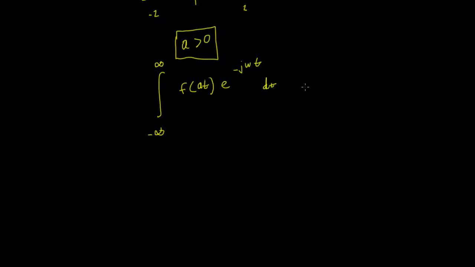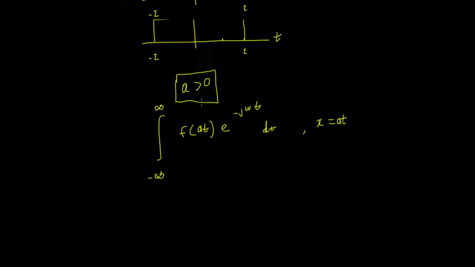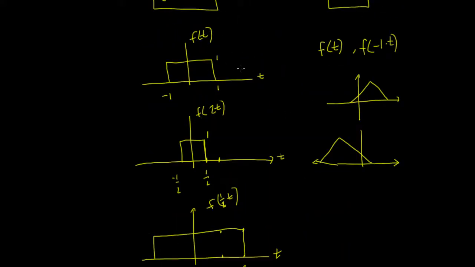Now what we're going to do is change the variable, so we're going to let x equal at. Now what's important is you understand why you do that. We've got a t-axis, and now we've got a different axis, a scaled axis, so we'll give that axis a different name, we'll call it x.